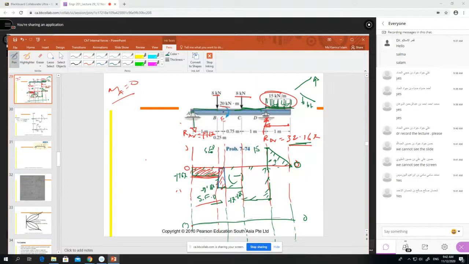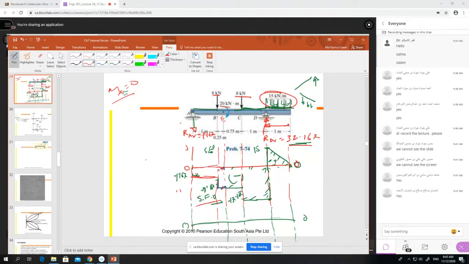Now at A, bending moment at A, just left side at A, equal to 0, because we haven't started the bending moment diagram yet. Now from here we go to this point, suppose point B, up to here, how much? I draw it for you again. We have to draw the bending moment at each point, right?